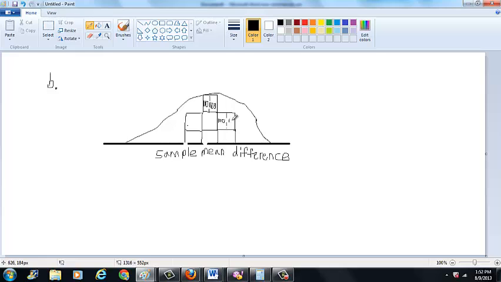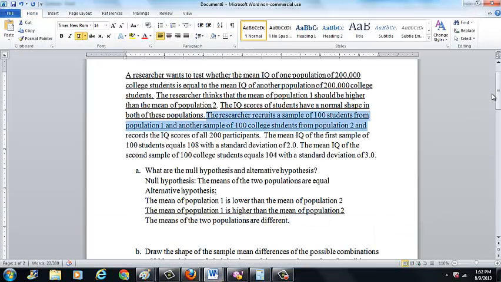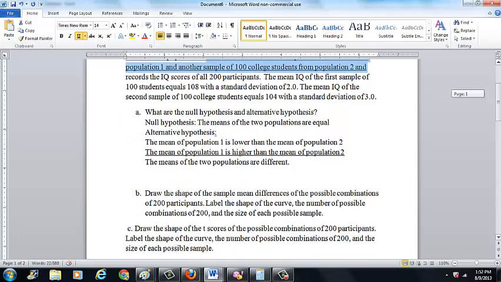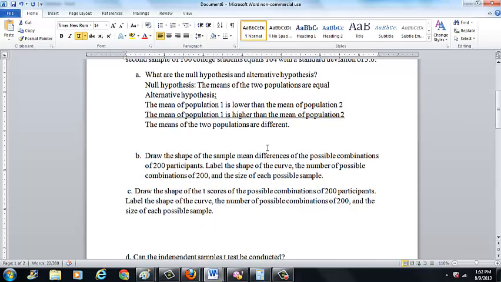Put 100 in each side, so you can see that it's a combination of 200 people, not just 100. We know that the shape of the curve is normal, because both populations are normal.